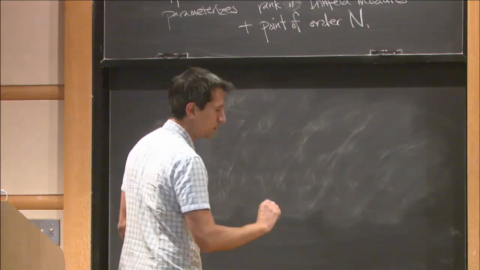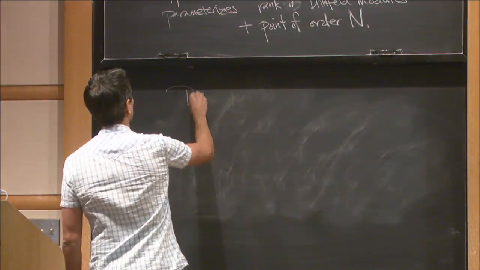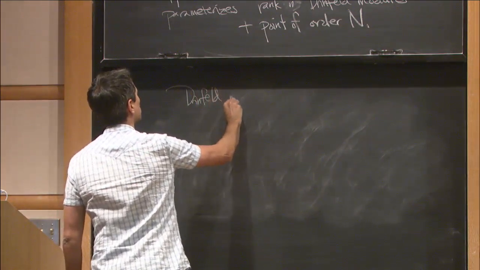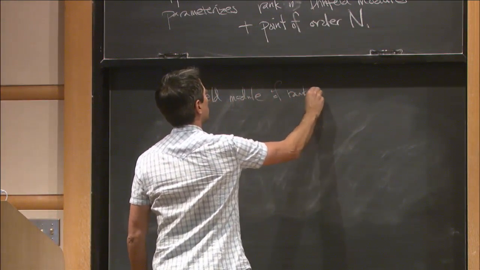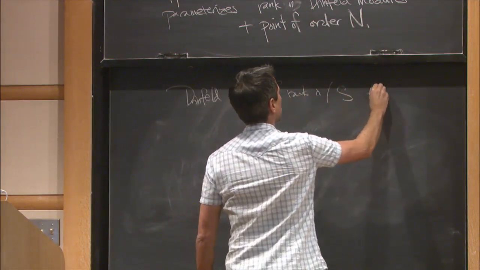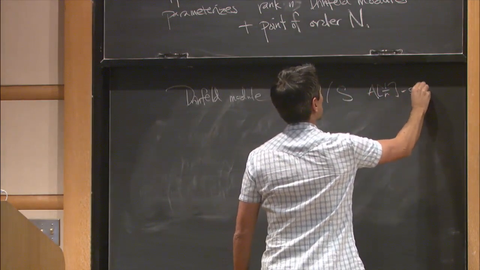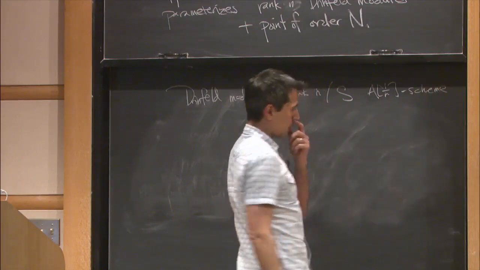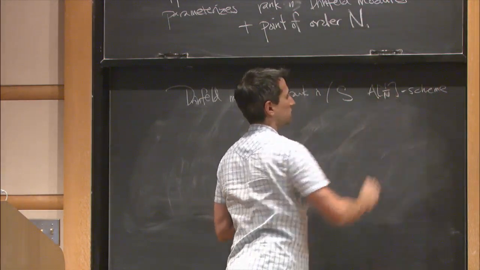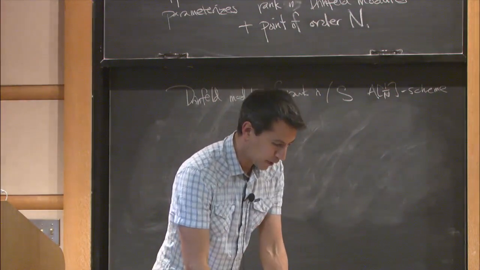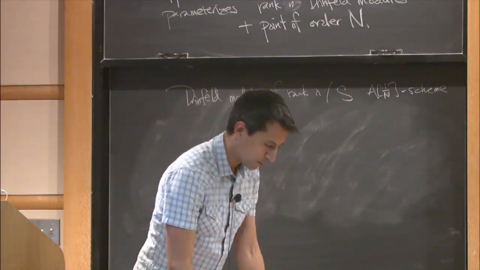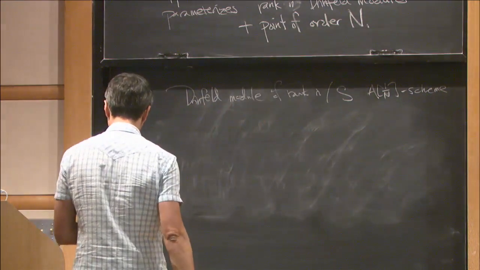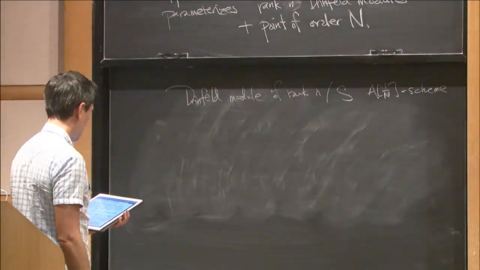So a Drinfeld module of rank n over S, an A 1 over n scheme. Right, so 1 over n, I mean, inverting n, which is an ideal, right? So I'm just inverting all of it, right. But I'm writing it that way, okay.